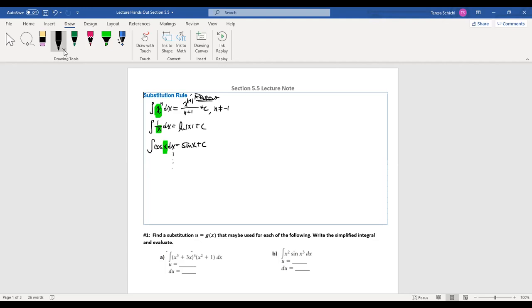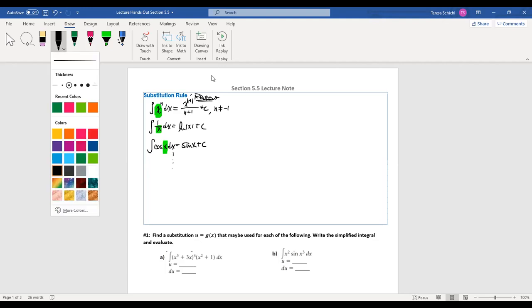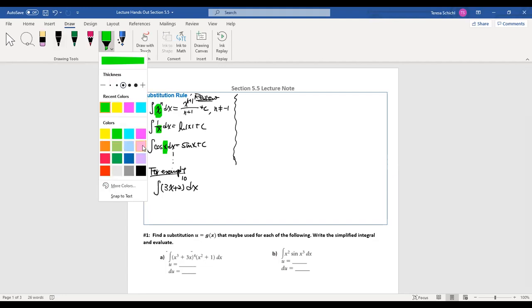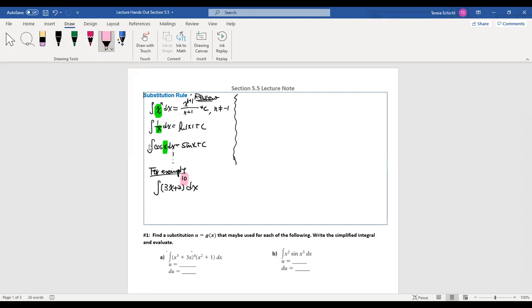Now, how about when it is not just x? For example, if I have the integral of (3x+2)^10 dx. It is a 10th power, so maybe I can use the power rule.